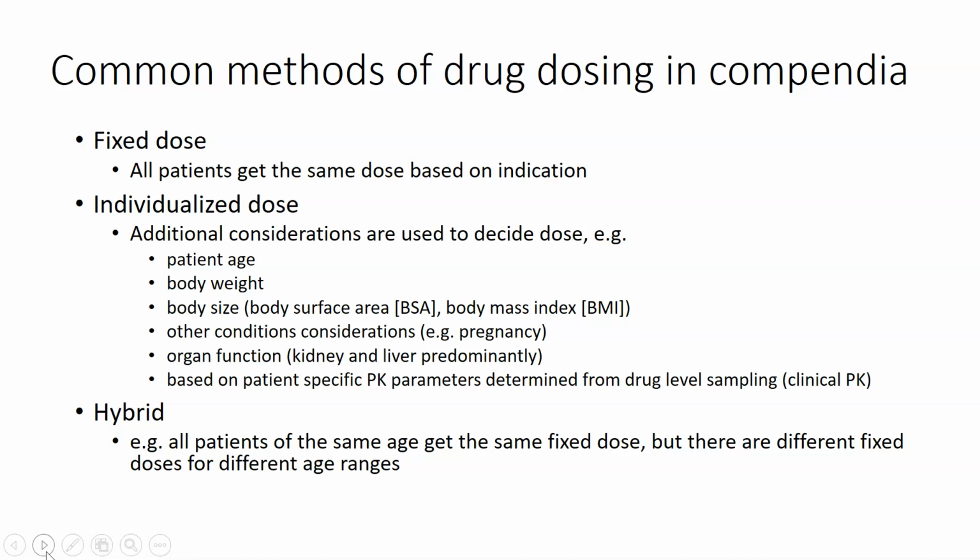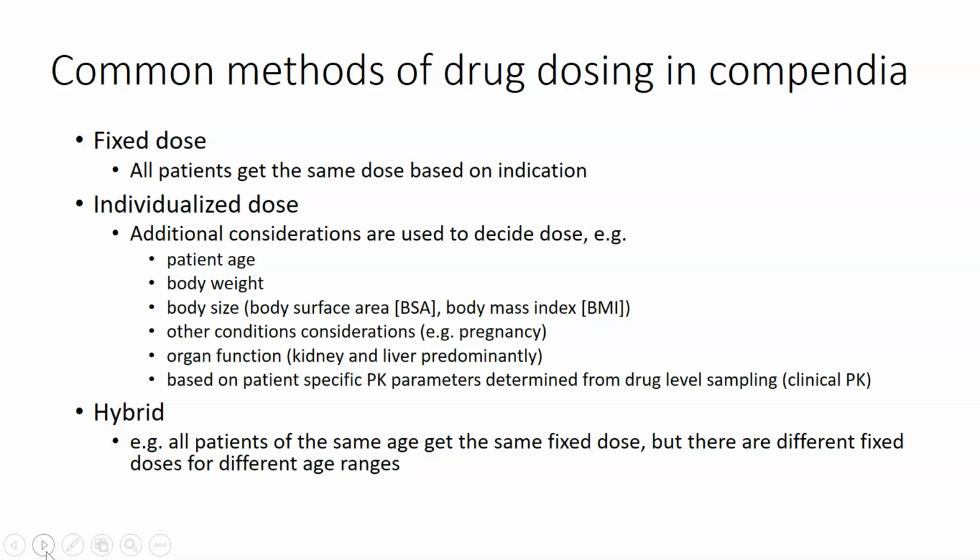In contrast to that, there are ways that we individualize doses. Some of these were probably introduced to you in your pharmacokinetics, pharmacodynamics block. This is where we include additional considerations, so not just a single fixed dose, one size fits all, but we consider things like patient age, their body weight, which sometimes can be their actual body weight, or it might be their ideal body weight or an adjusted body weight.